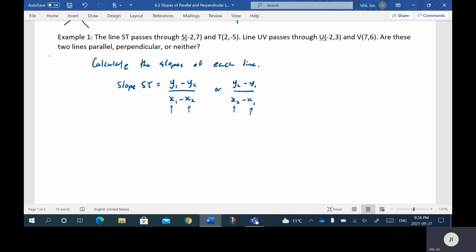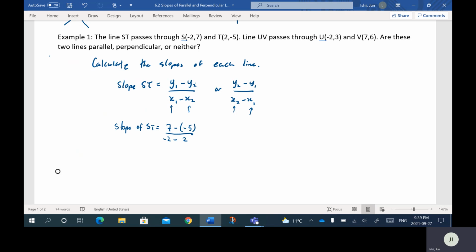All right, so let's calculate the slope of ST. My point S is negative 2, 7. So the y value here, y1, we'll call 7. I need to subtract negative 5, over my x value here, negative 2, minus my second x value, 2.